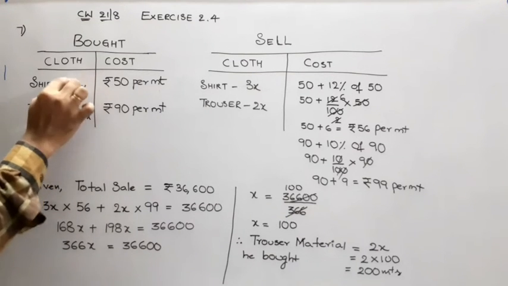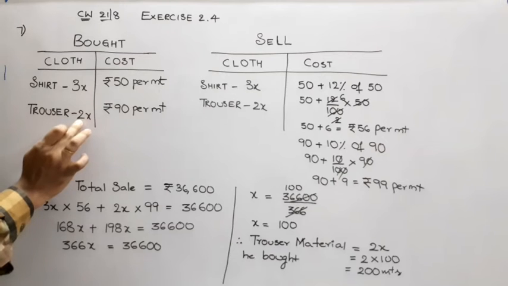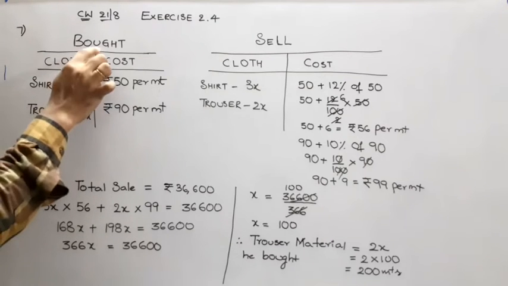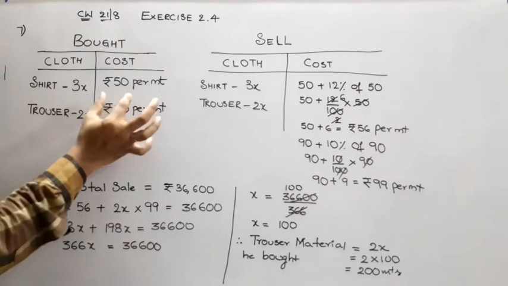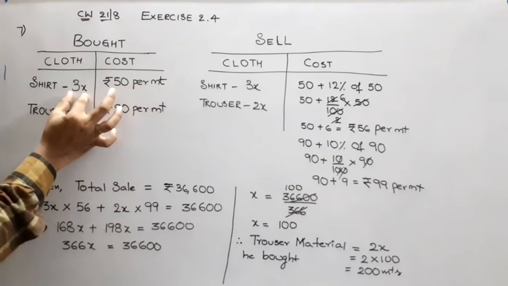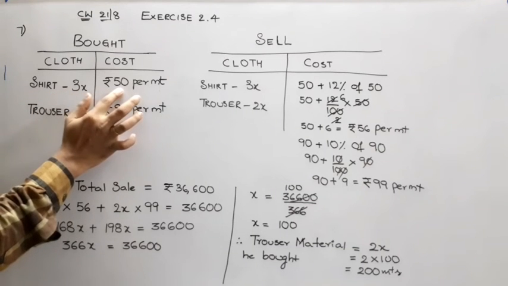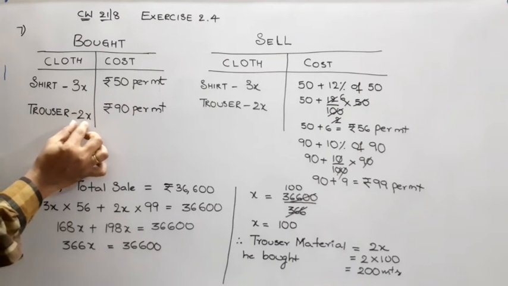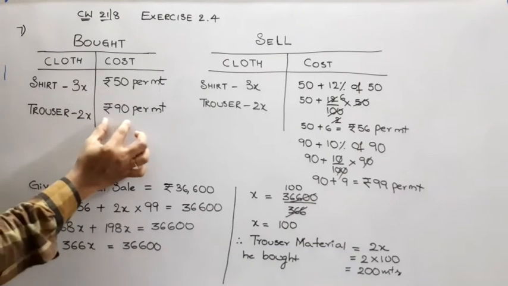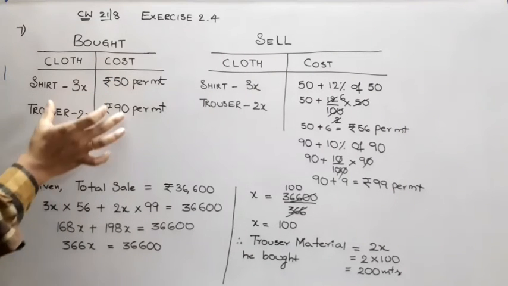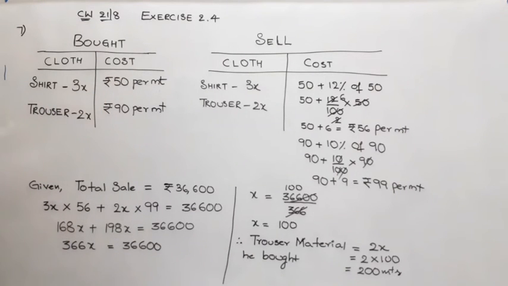Hence we took it as 3x meters and 2x meters. While he bought the materials, the cost was rupees 50 per meter for 3x meters of shirt and rupees 90 per meter for 2x meters of trouser. This is the situation when he bought the material.